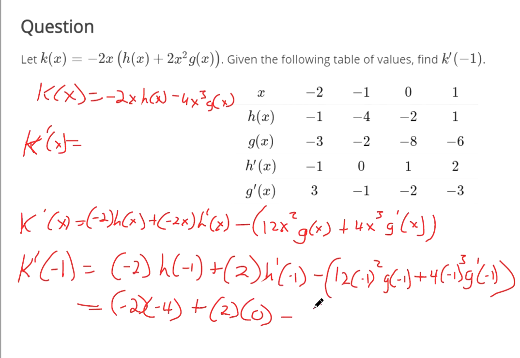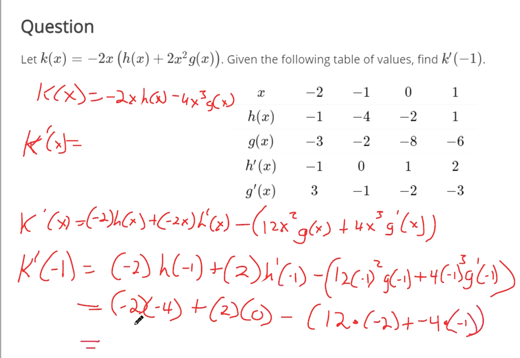And then over here, negative 1 squared times 12 makes just 12, times g at negative 1, not g prime, g at negative 1 gives us negative 2. And then here, negative 1 to the third is negative 1. Negative 1 times 4 is negative 4. But that's being multiplied by g prime at negative 1. So g prime at negative 1 is negative 1.